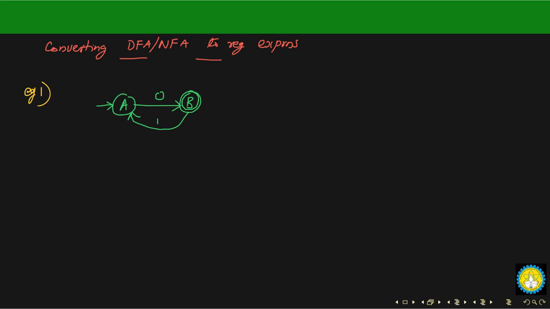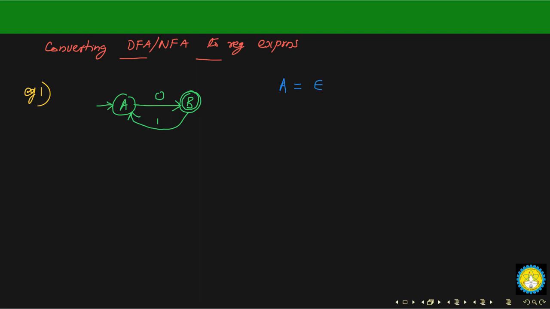The first thing we need to do is write the expressions for each of the states. In this DFA, we have two states, A and B. We'll start with A. Since A is a starting state, it always contains epsilon.